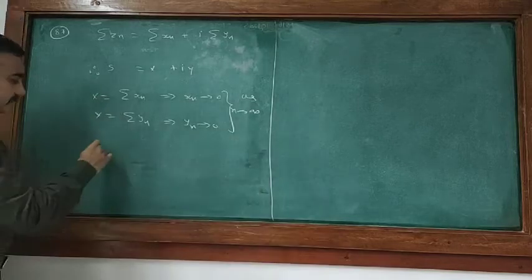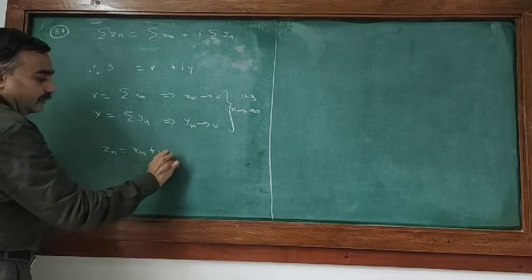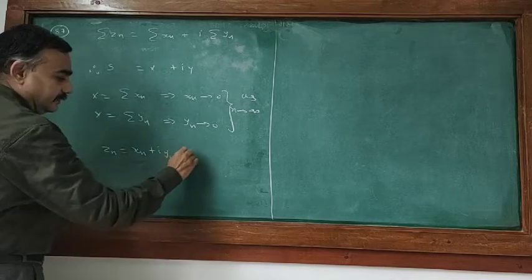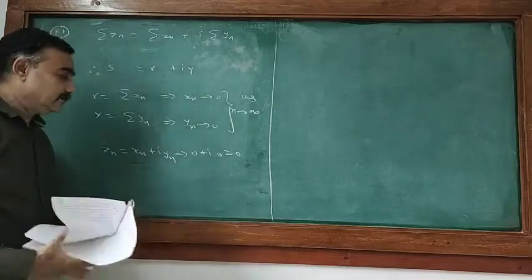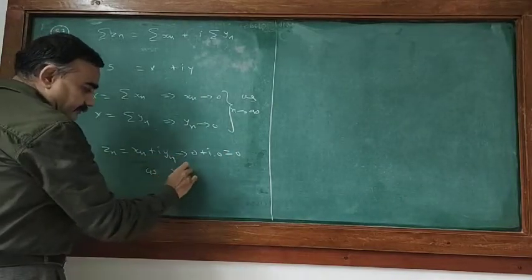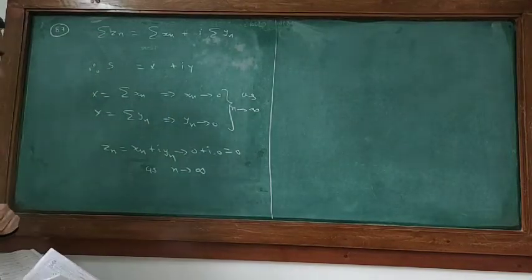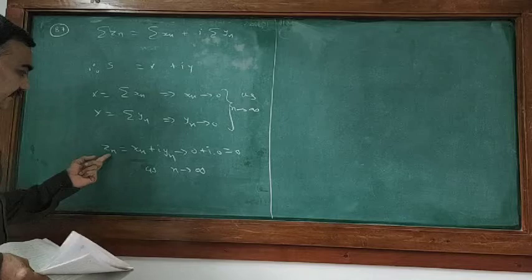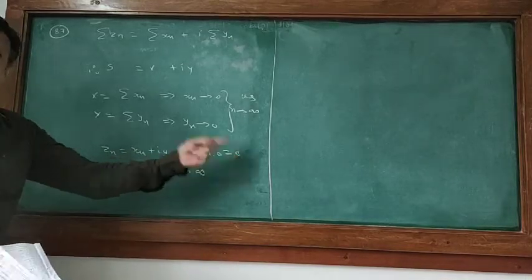And therefore Zn equal to xn plus i yn tends to 0 plus i into 0, equal to 0.